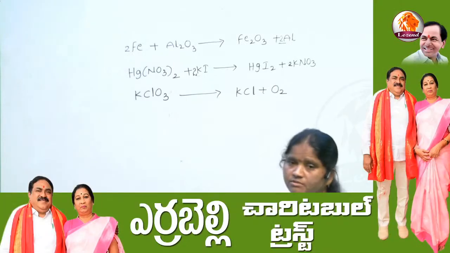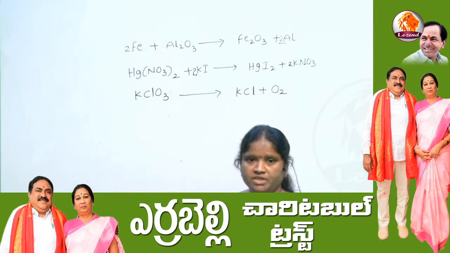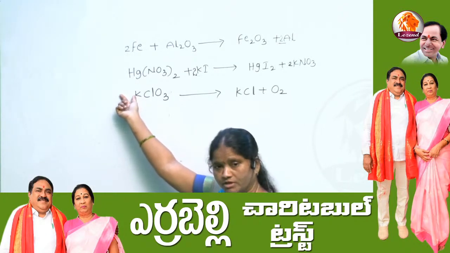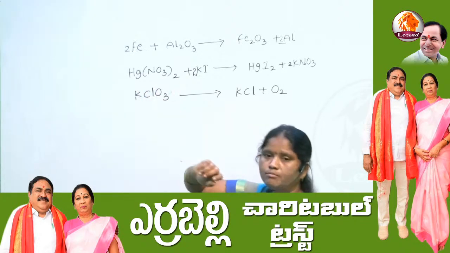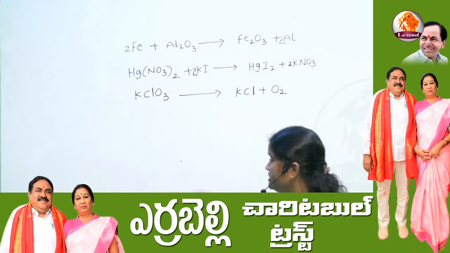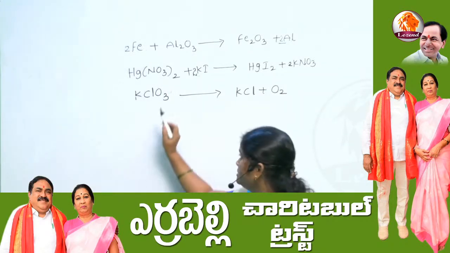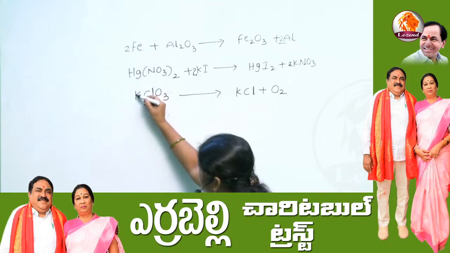O3 means this 3 belongs only to oxygen, not to chlorine and potassium. If we write a numerical number before the formula of a compound, that number applies to the atoms of each element in the compound. But O3 or O2 means that number belongs only to that particular atom. Here: 3 atoms of oxygen, 1 atom of chlorine, 1 atom of potassium.